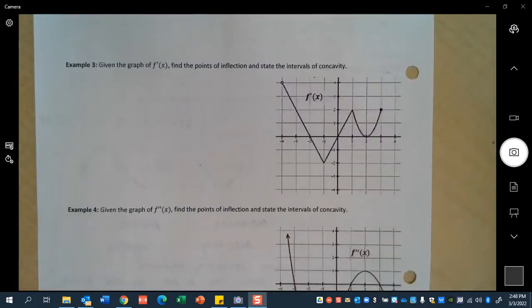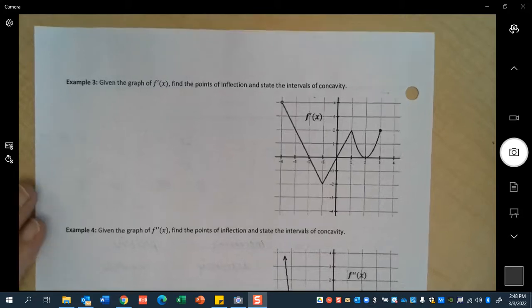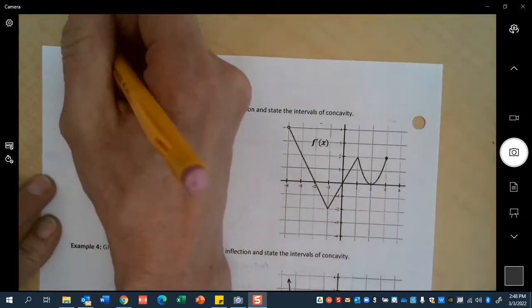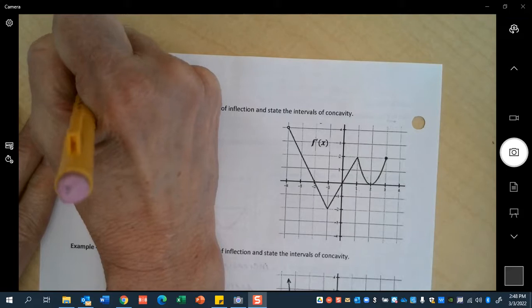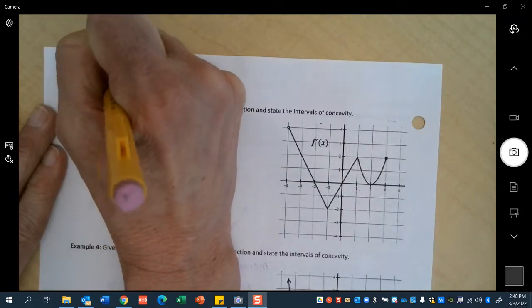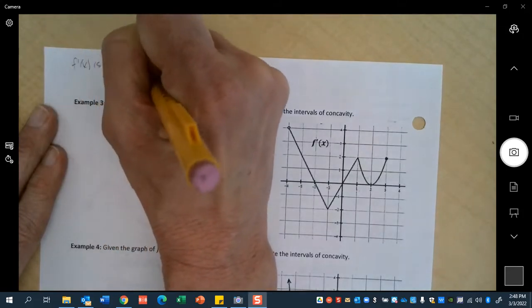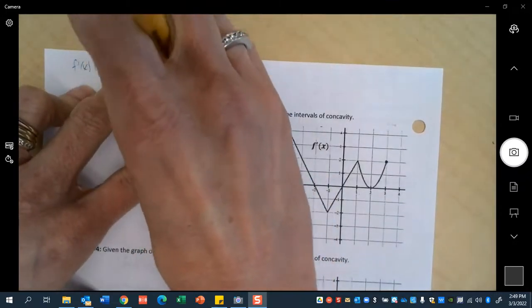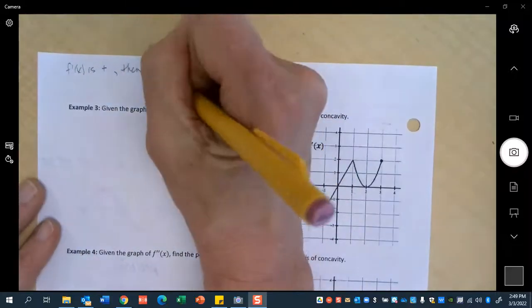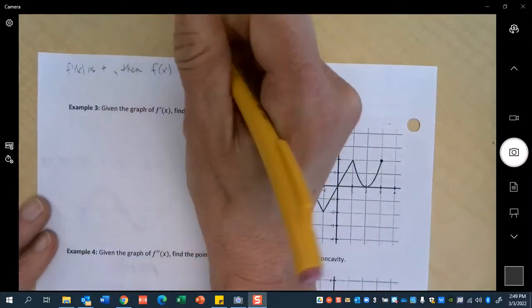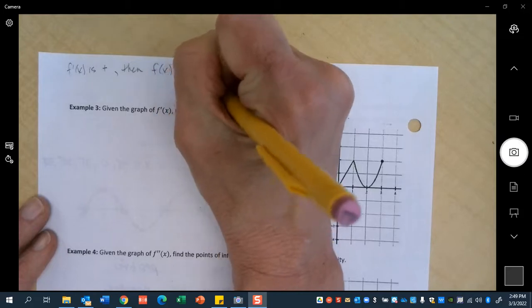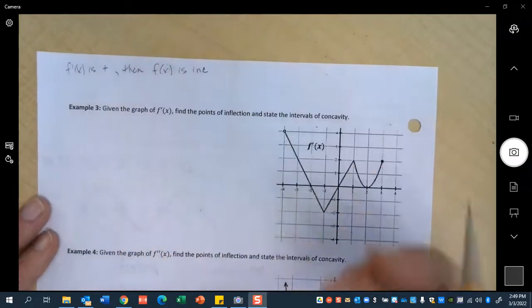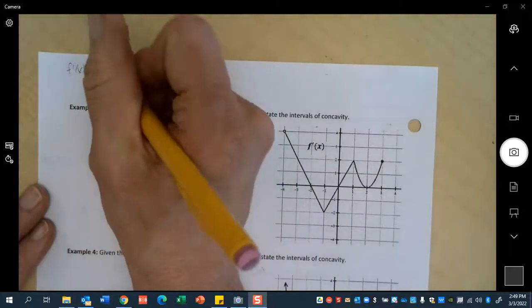All right, so let's go back to these charts and think about what we're talking about. As a review, fill this out with me. If f prime of x is positive, then my original function is increasing. My output of my original function is getting larger.